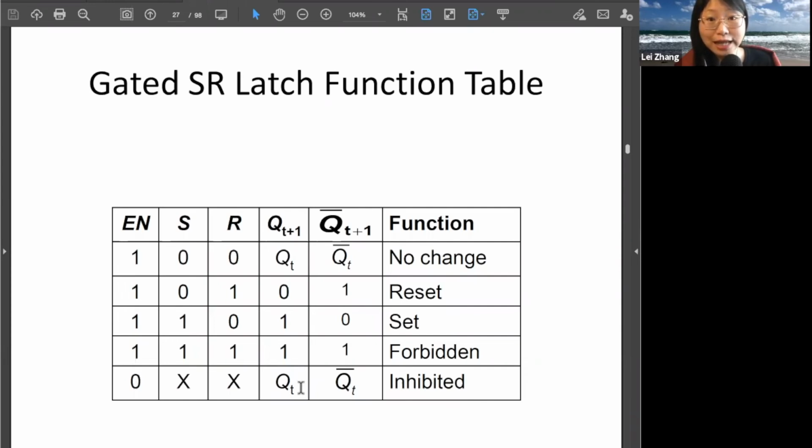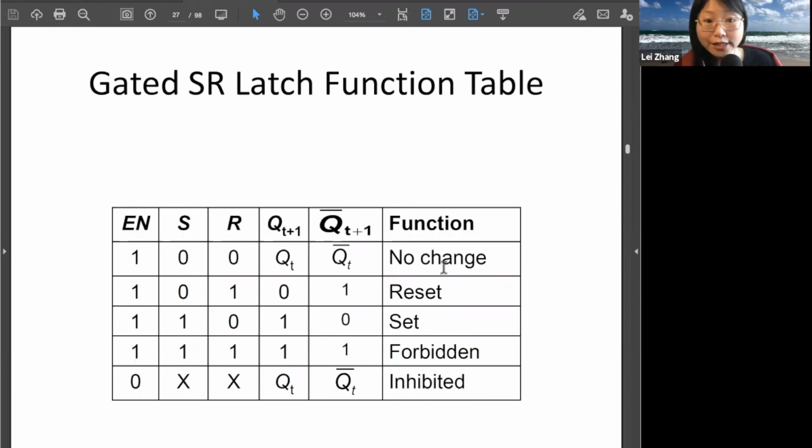It is inhibited, but the output will remain the same. It will still remember the previous state. It just won't change based on the input value. So that is inhibited, and it is actually different from the first line, the no change.